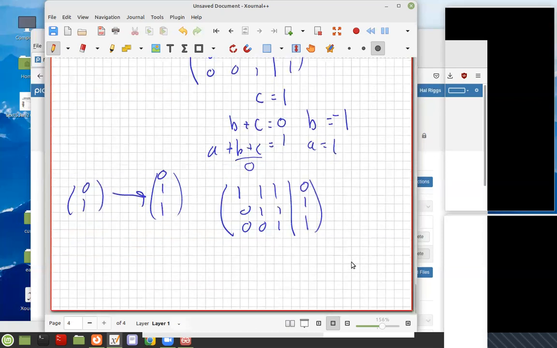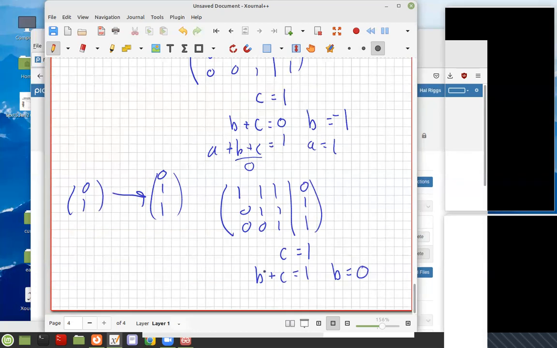So then again, we find that C equals 1, but now B plus C equals 1, so that B equals 0, because if C is 1, B is 0. Sorry about that. B equals 0.